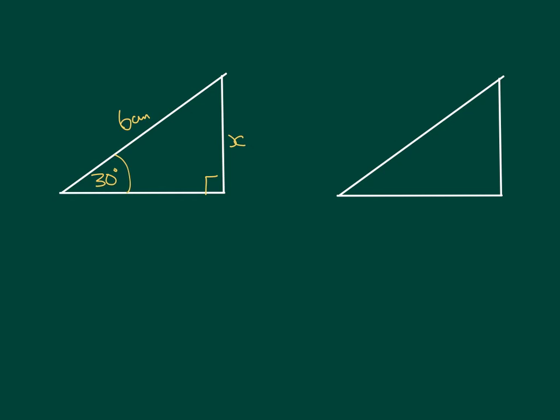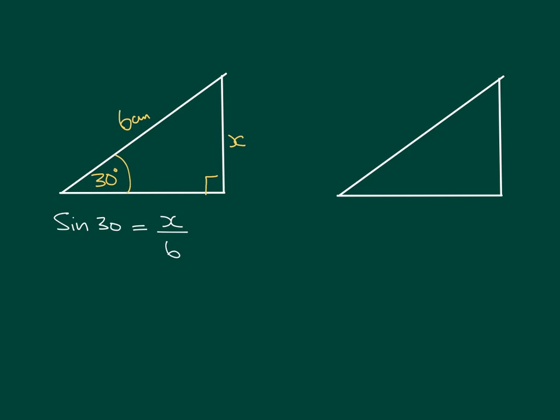Now, let's go through this then. We've got a right angle triangle. We've got a given angle. We've got the opposite side. We've got the hypotenuse. So we will use sine. So we will say sine of 30 is opposite over hypotenuse, 6. So we should start off nice and easy.